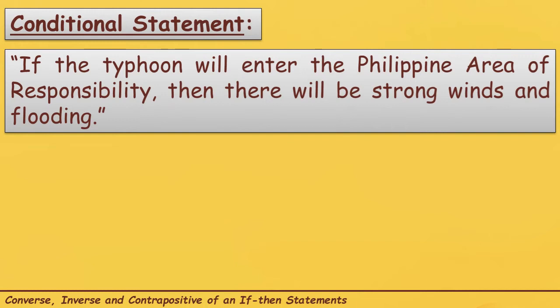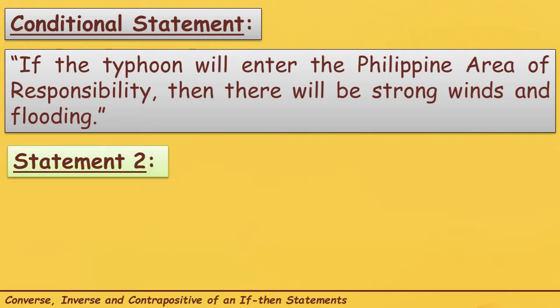Okay, let us go back with our conditional statement regarding the typhoon in the Philippines. Ito yun. If the typhoon will enter the Philippine area of responsibility, then there will be strong winds and flooding. Let us have statement number 2. Kasi kanina statement number 1.